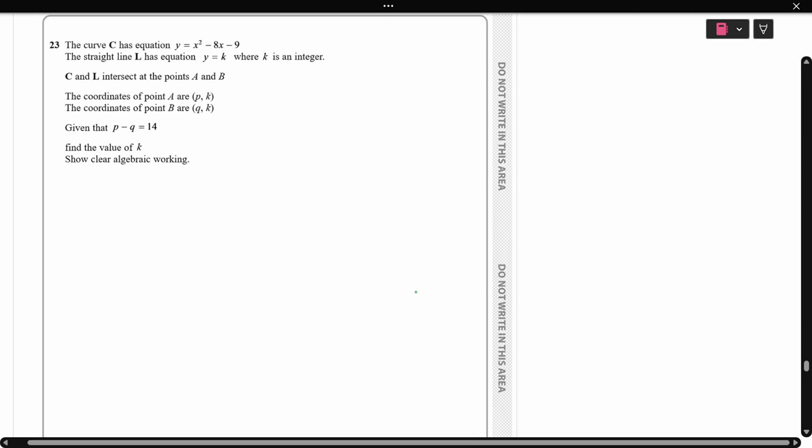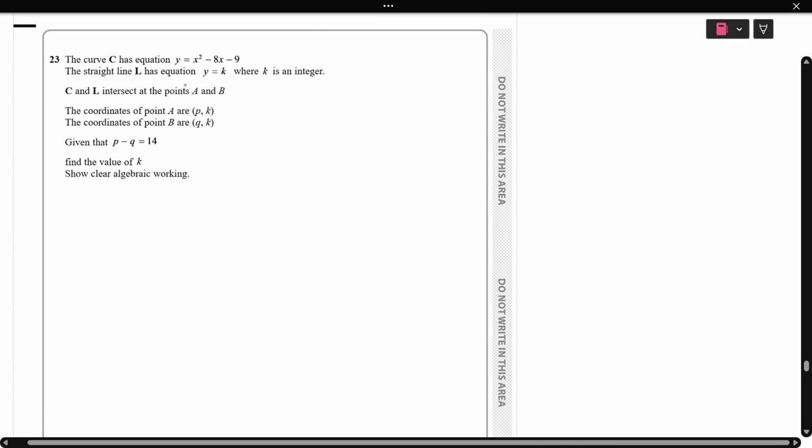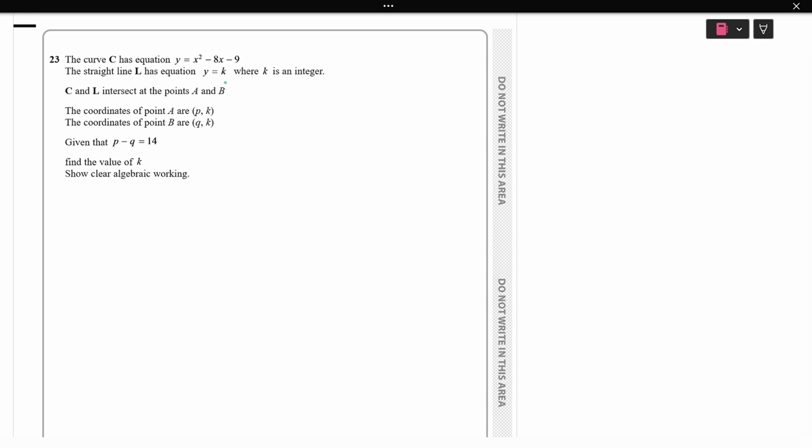Okay, the next question. The curve C has the equation y equals x^2 minus 8x minus 9, and a straight line L has the equation y equals k. C and L intersect, and here the y value is the same.